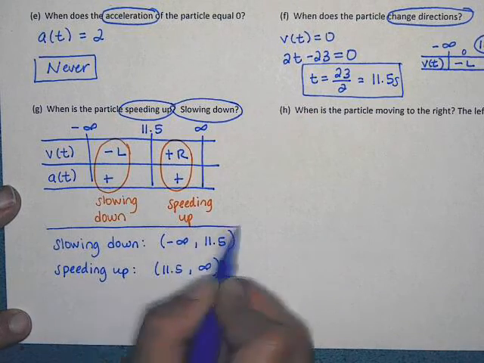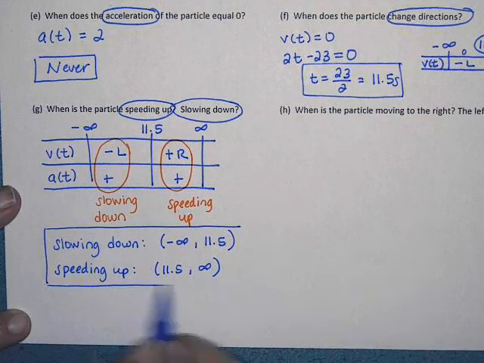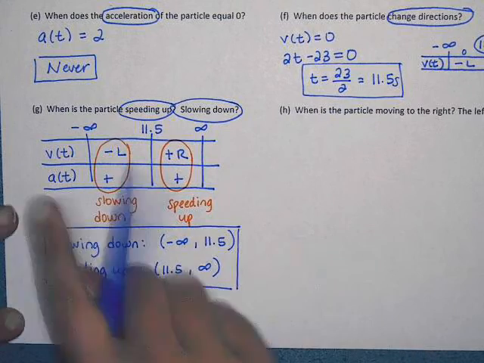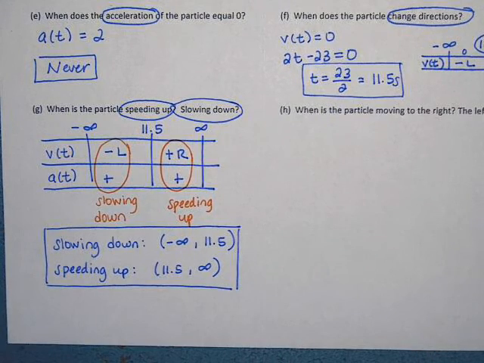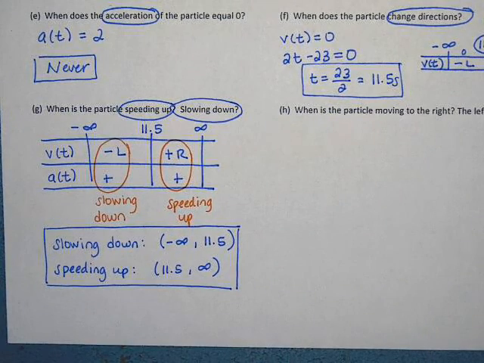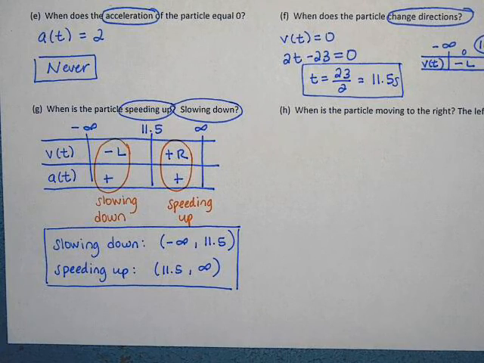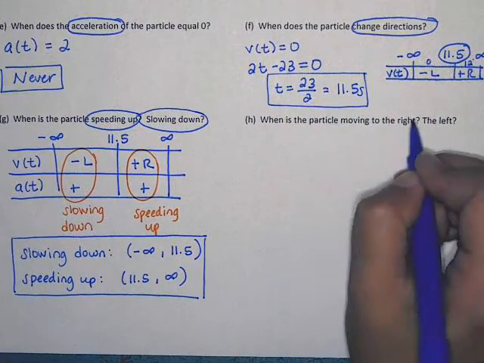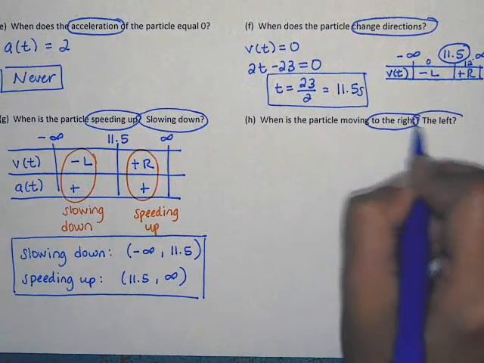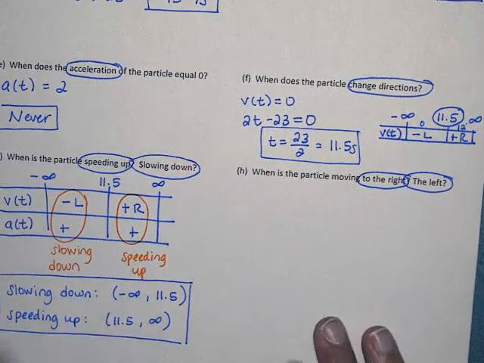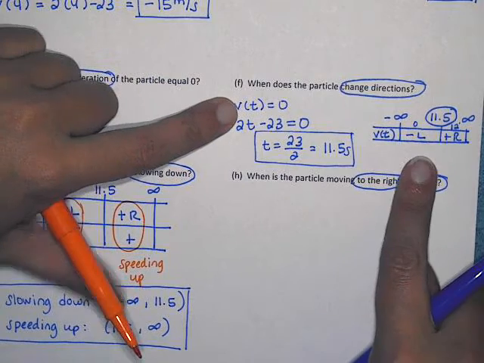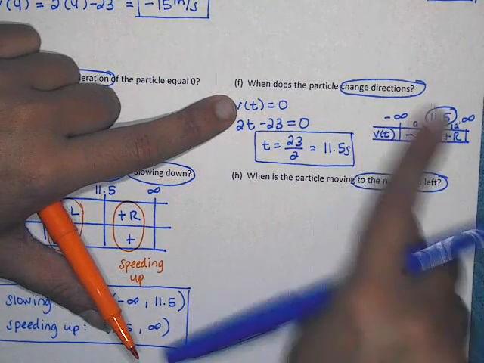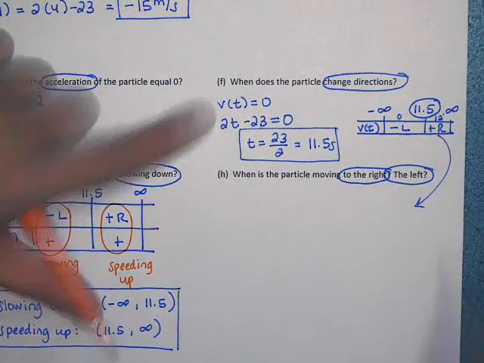The reason I'm making these open is that anytime you're using the second derivative, which is acceleration, you always use open brackets. Anytime it's just velocity, you use closed. Speaking of, when is the particle moving to the right or to the left? We said for this originally we make our velocity equal to 0, we make a chart, but we already did that in part F. So we can just use this same chart to help us with this one.